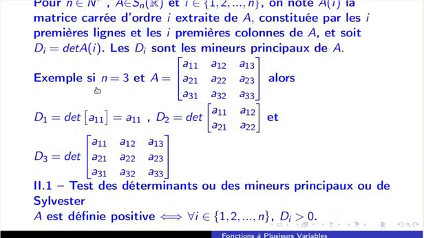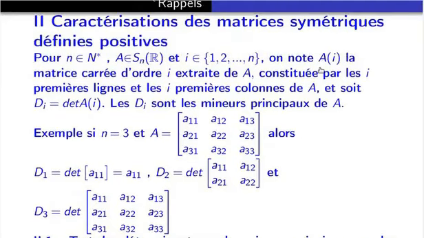If we have a matrix A with entries a11, a12, etc., we will take the matrix Ai formed by the first i rows and the first i columns. For example, A1 will be the matrix formed by a single element, first row, first column. A2 will be the matrix formed by the first two rows and the first two columns.